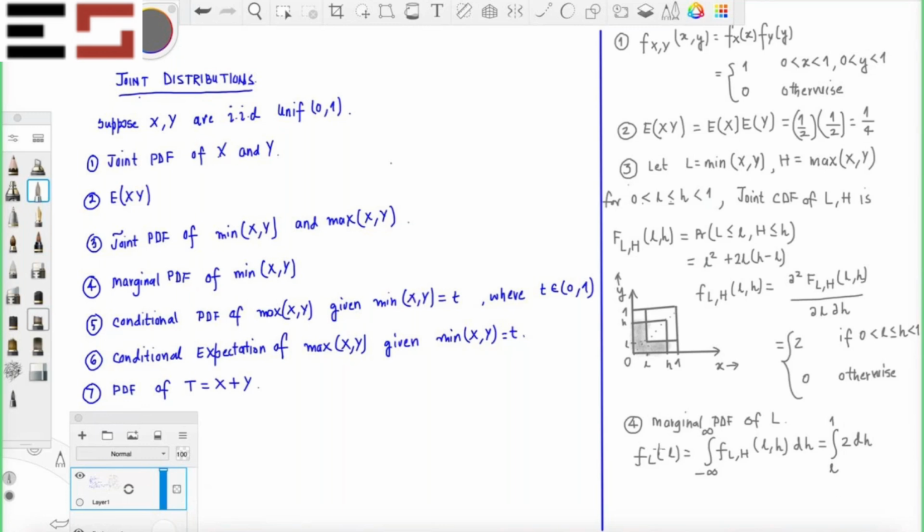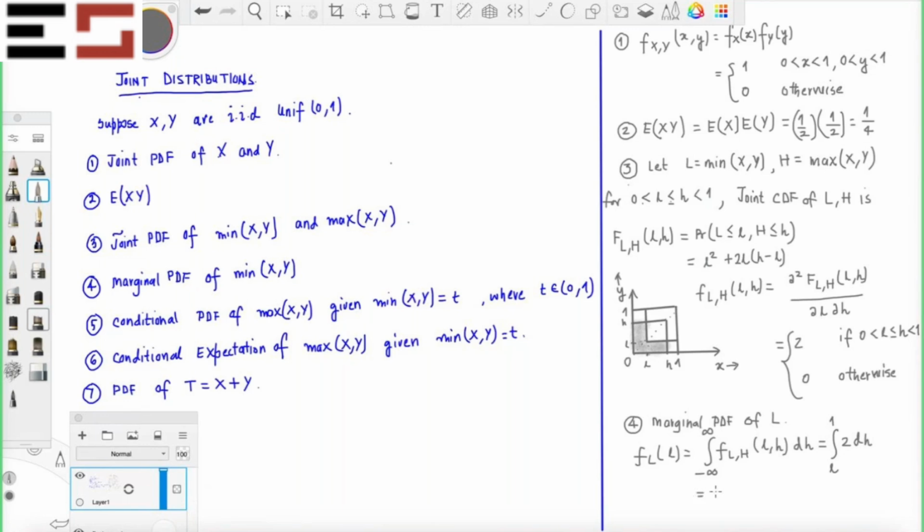So elsewhere the joint density is 0. So you can completely ignore that part. And you just need to integrate 2 over this region, L to 1. Is that fine?